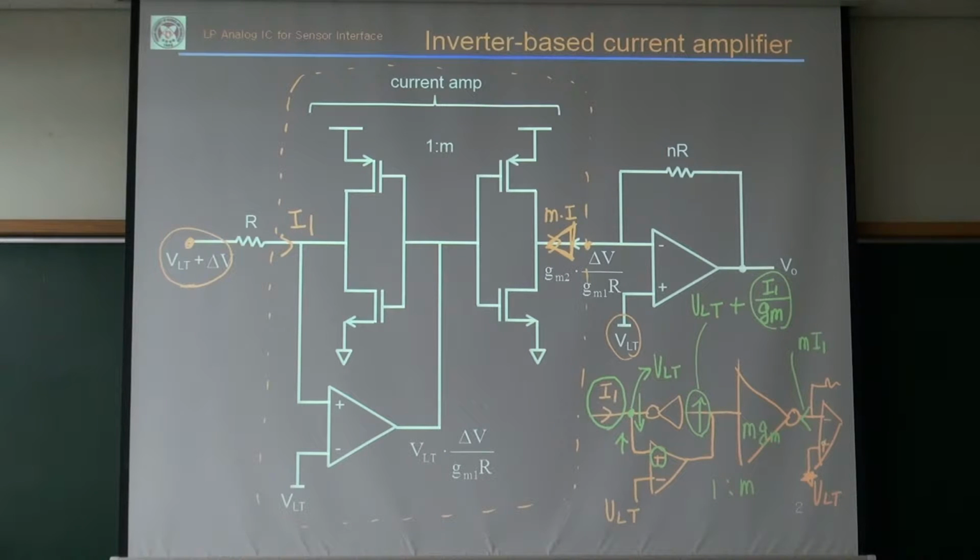So this output voltage VO is the logic threshold voltage plus M over GM times I1, okay?